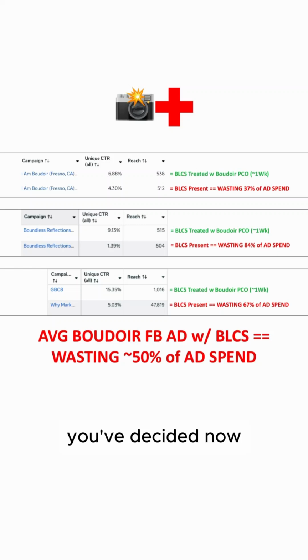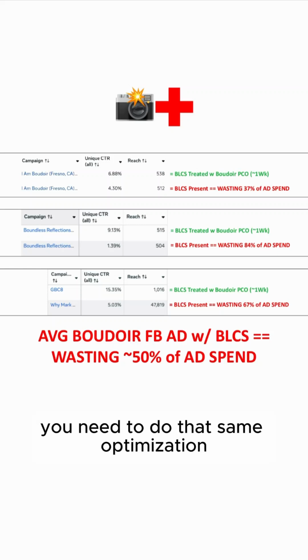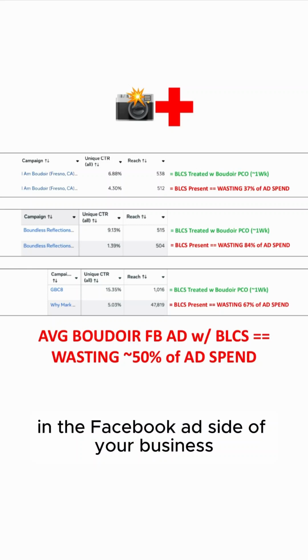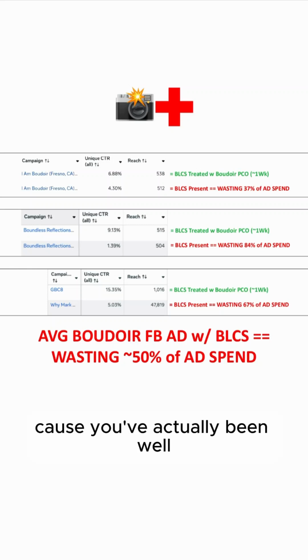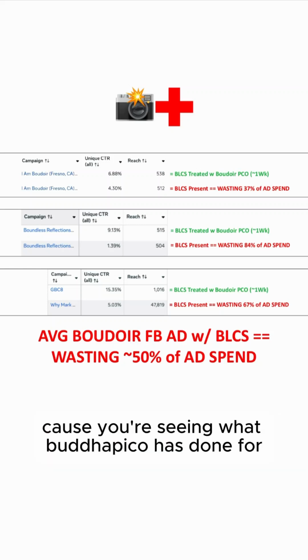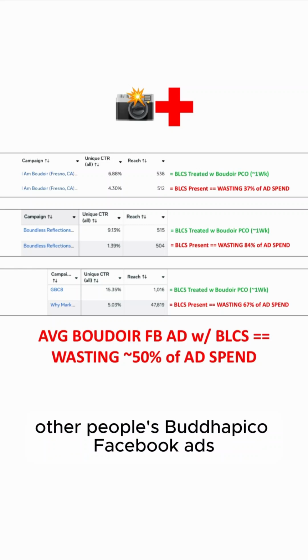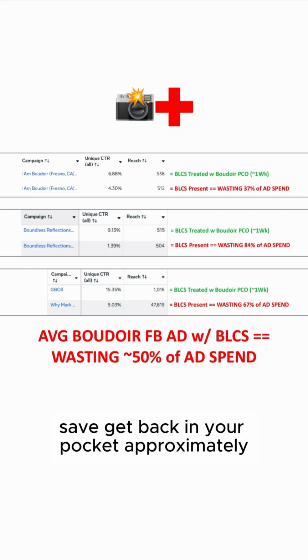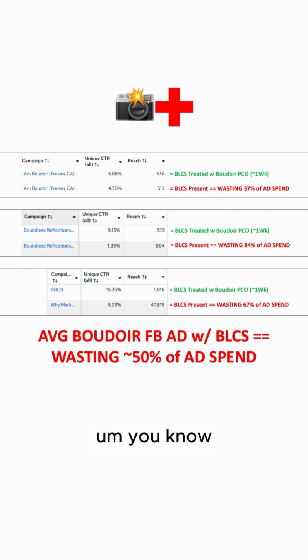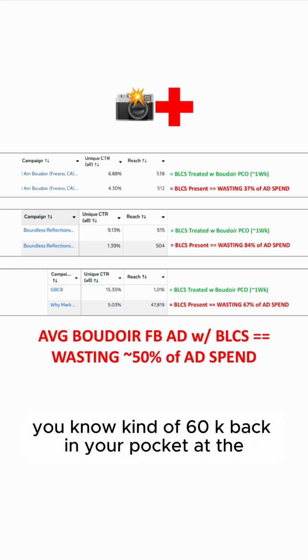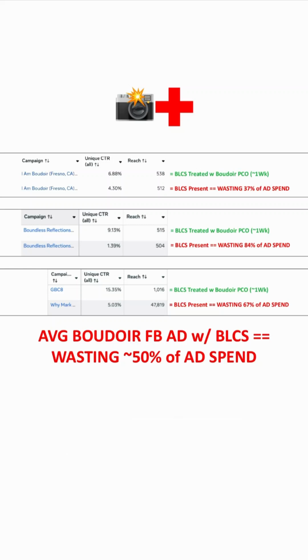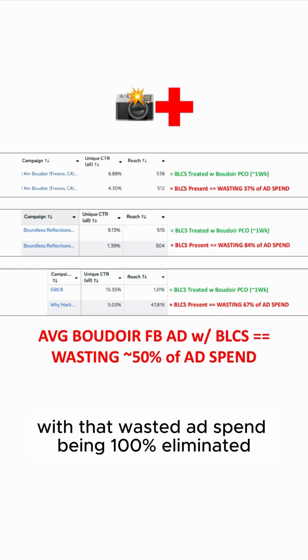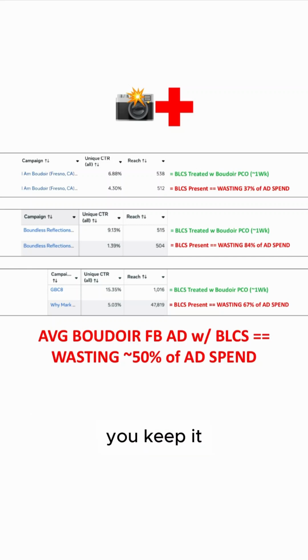You've decided now you need to do that same optimization in the Facebook ad side of your business, because you're seeing what Boudoir Pico has done for other people's Boudoir Facebook ads, and you want to get back in your pocket approximately 5K every single month, or 60K back in your pocket at the end of the year. With that wasted ad spend being 100% eliminated, you don't have to spend it, you keep it.